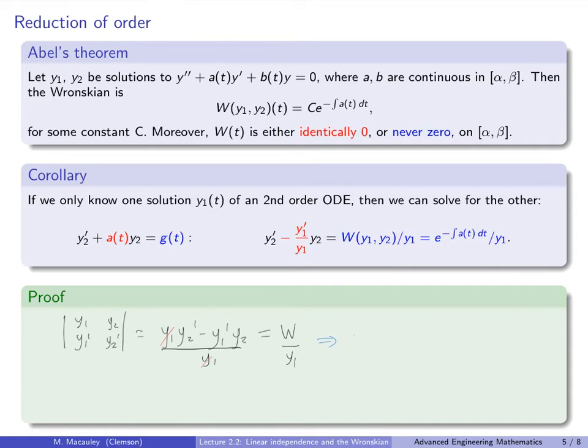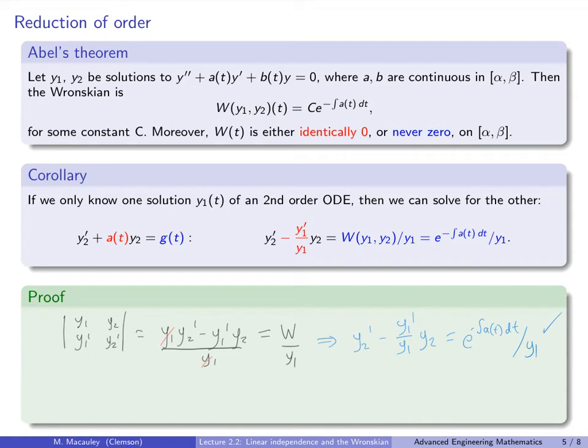And we have y2 prime minus y1 prime over y1, y2 equals w, which is, remember, w is this exponential function. So I'm going to write that as e to the negative integral of a of t dt divided by y1.